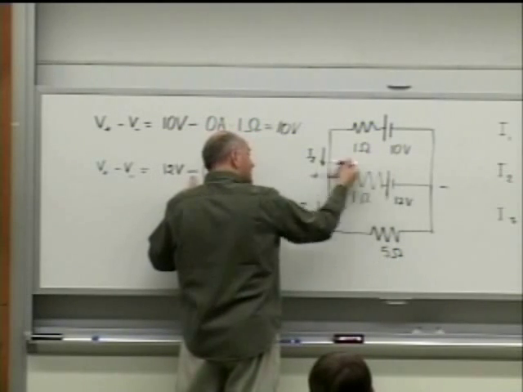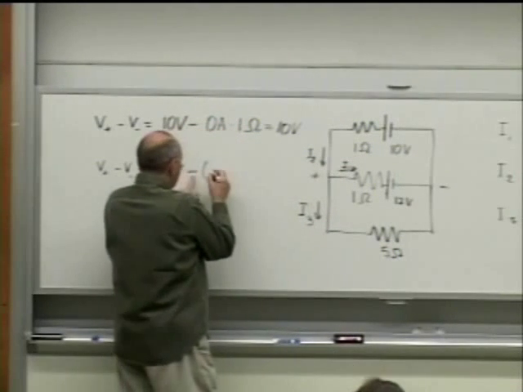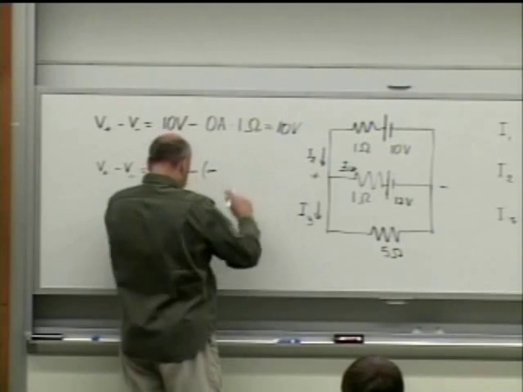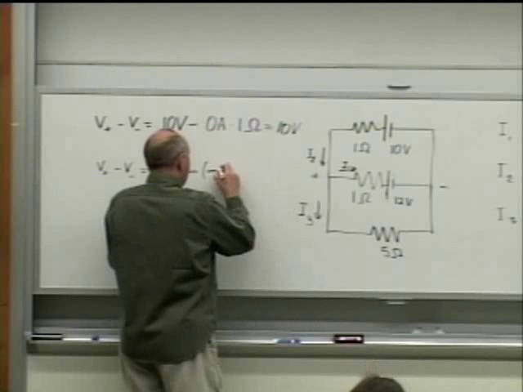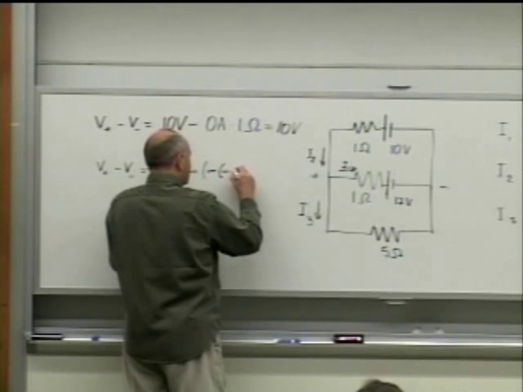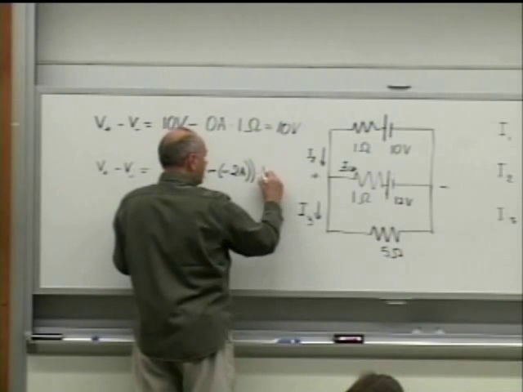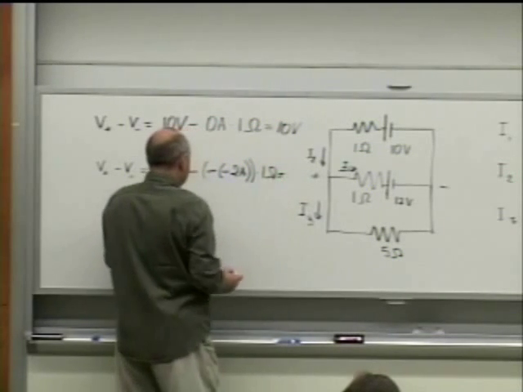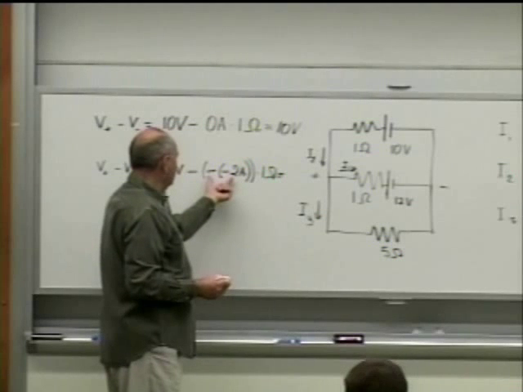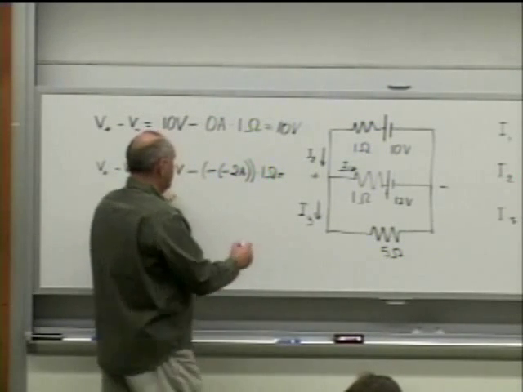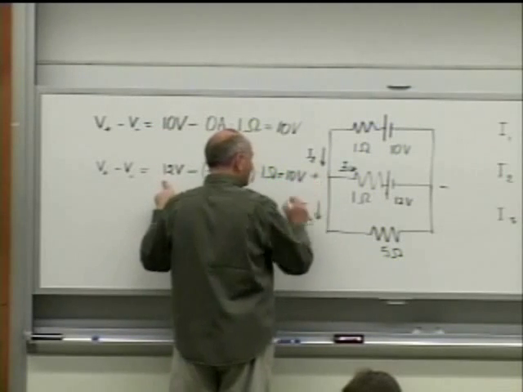I should consider current flowing this way, so I should put here minus whatever I1 is, minus 2 amps, multiplied by 1 ohm. Well, this gives me 2 times 1, that's 2 volts, so it's 10 volts also.